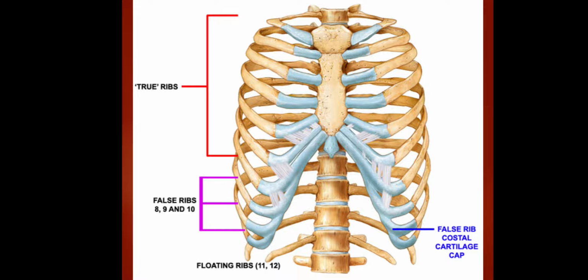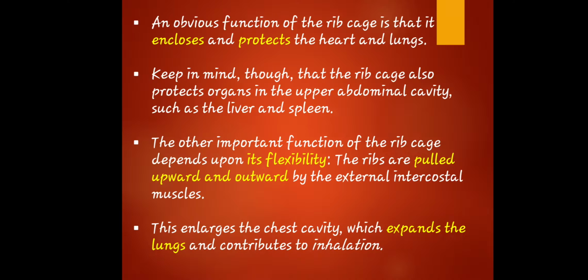So this is again the representation of the ribs, the location of the true ribs, false ribs, and the floating ribs. Okay? An obvious function of the rib cage is that it encloses and protects the heart and lungs. Keep in mind though that the rib cage also protects organs in the upper abdominal cavity such as the liver and spleen.